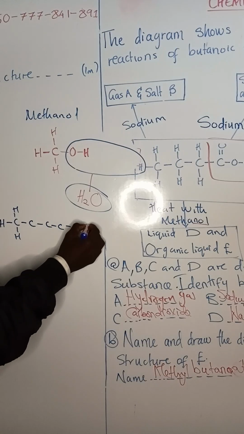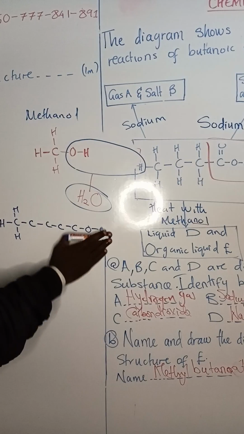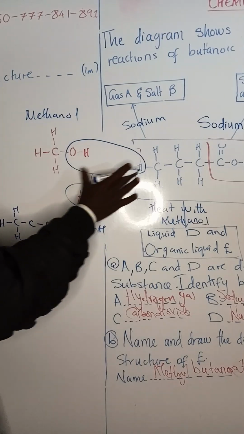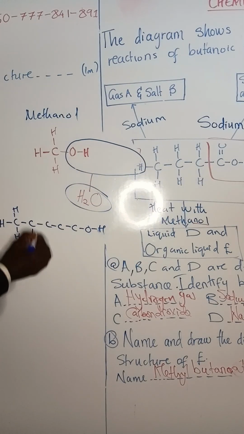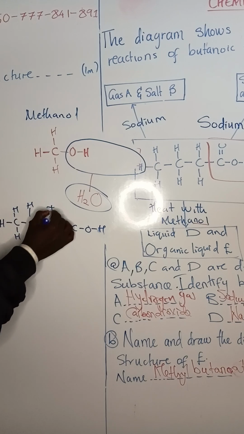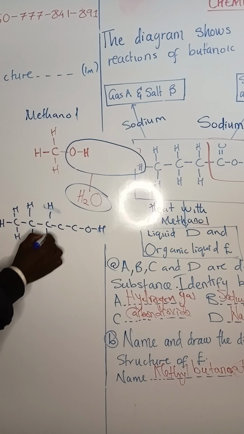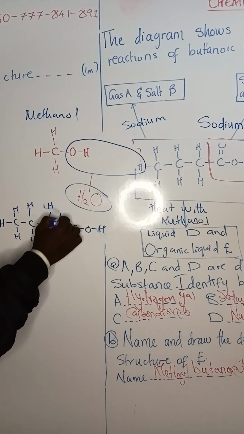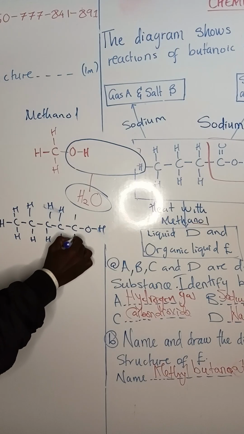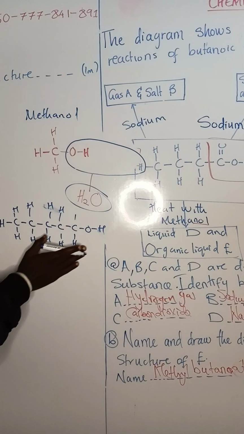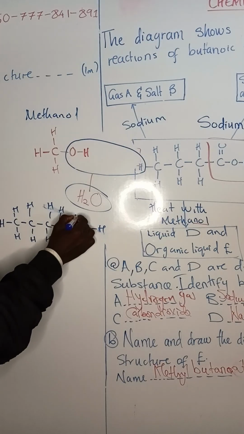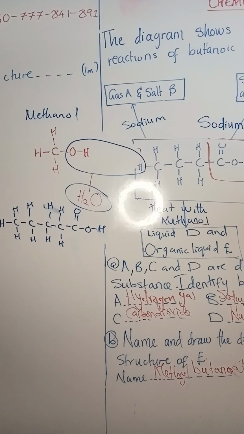C, O, H. Okay. I'm remaining with all these hydrogens, like that. This is the double bond formed with oxygen, the one that forms what you call the butanoic acid. So here we've had to remove water through the process of esterification.